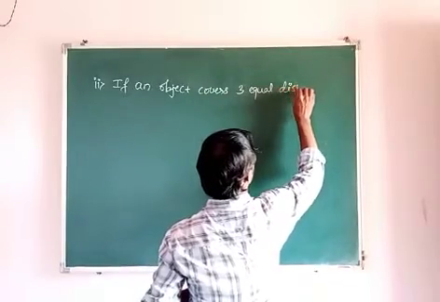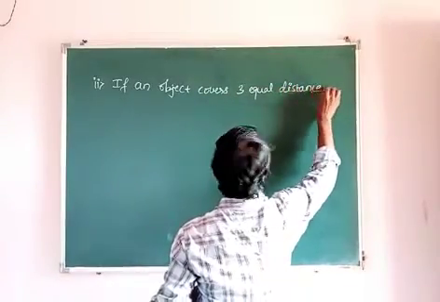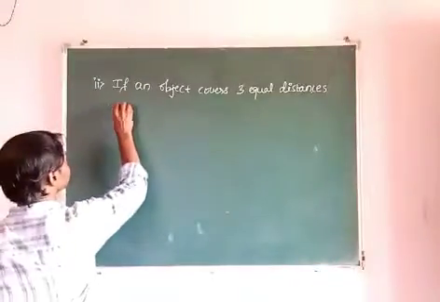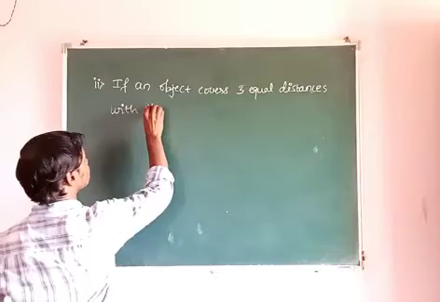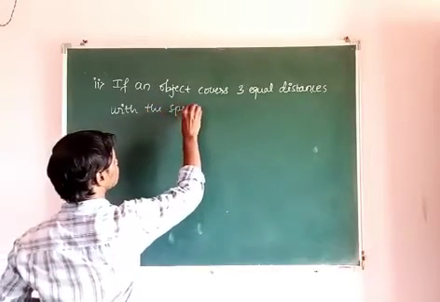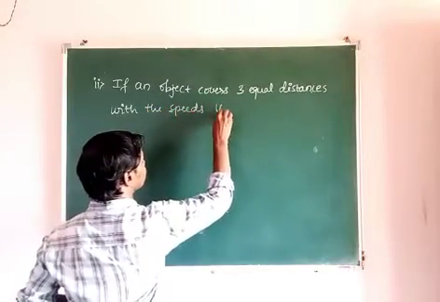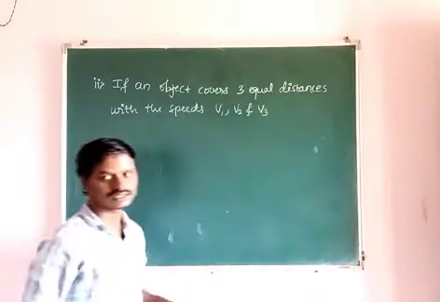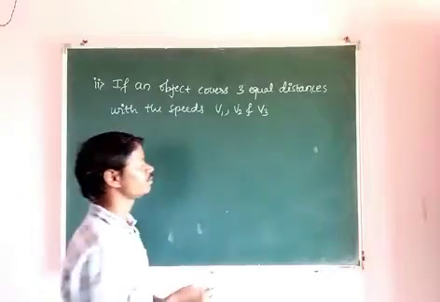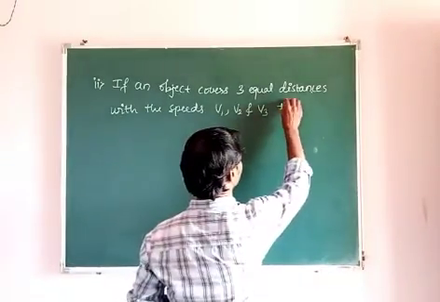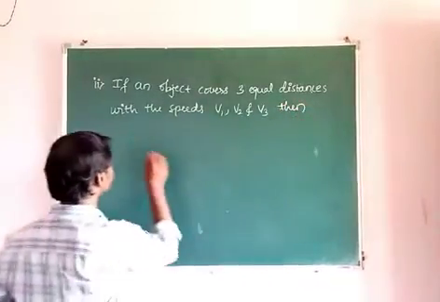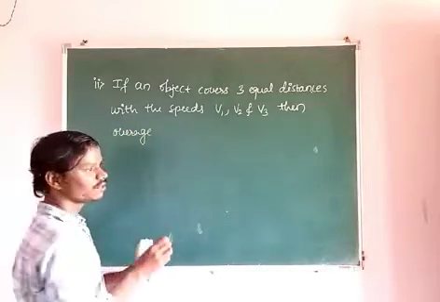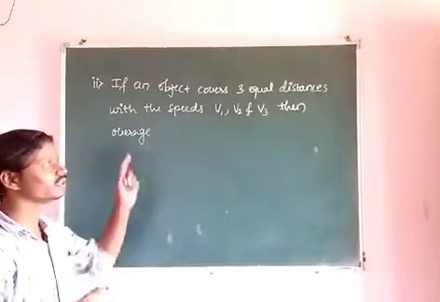Three equal distances with the speeds v1, v2 and v3 in the times t1, t2 and t3 respectively. Then how to find the average speed of the object? These are the direct formulas used to find the average speed if equal distances are given.